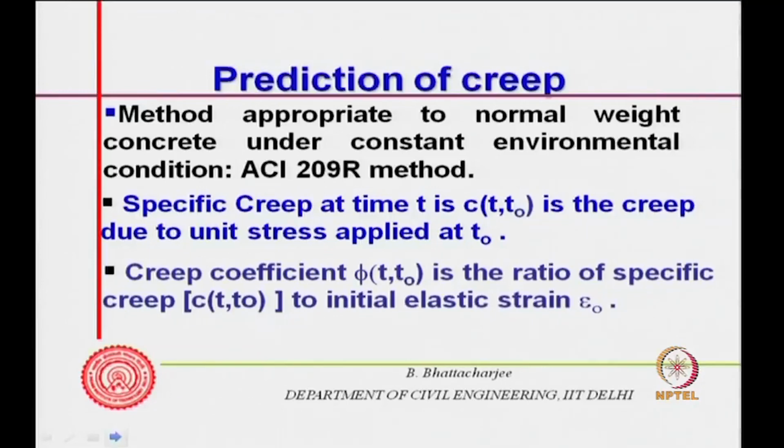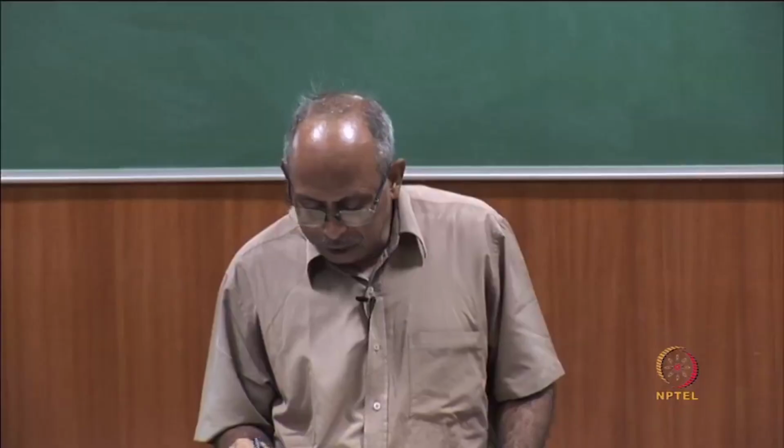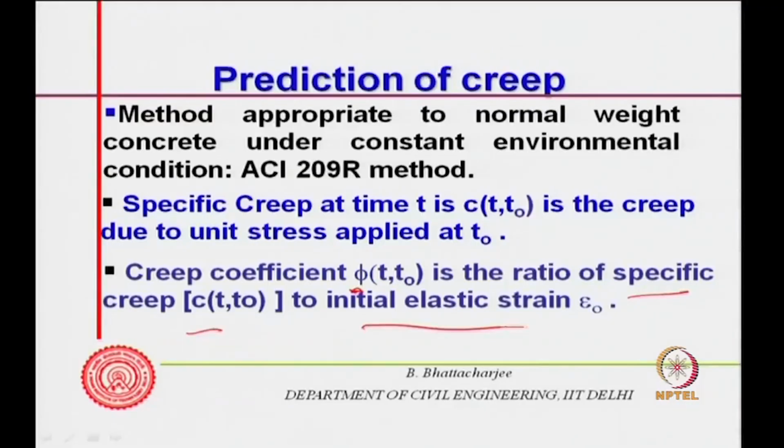Then another terminology, creep coefficient, denoted by phi, is the ratio of specific creep to initial elastic strain. So, phi(t, t0) is nothing but C(t, t0) divided by epsilon 0. This is basically related to the elastic strain.